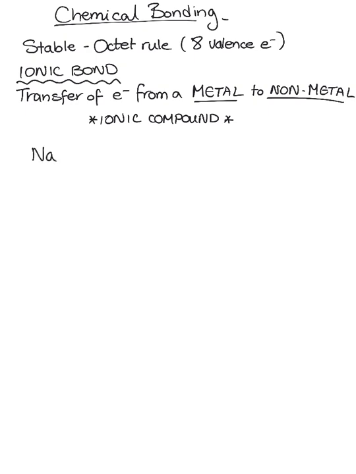If you look at sodium, it has an atomic number of 11 and an atomic mass of 23. Because sodium is in group 1, and if you remember the trick from my previous video, that means it has 1 valence electron.